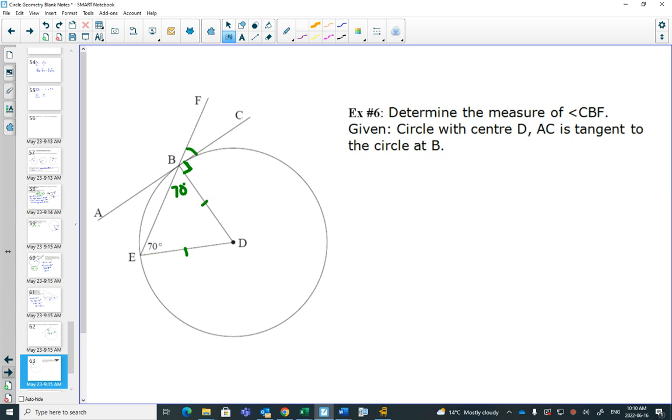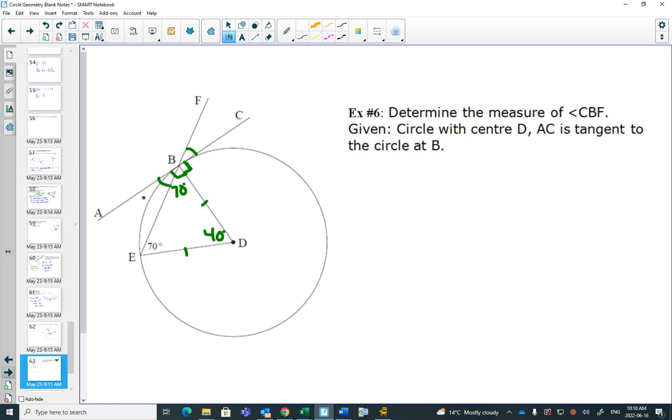Then you got 140. You could say this one is 40. Okay? You could also do 90 degrees on this side, and that's going to help us, right? Yeah, it's 180. Because this is 90, this is 90, this is 70. What does that tell me?